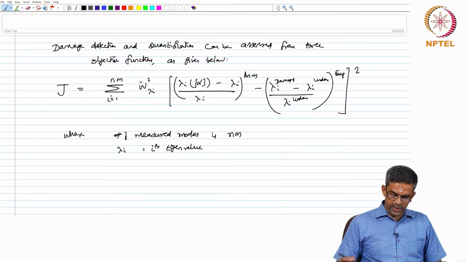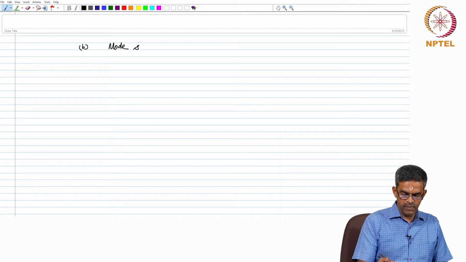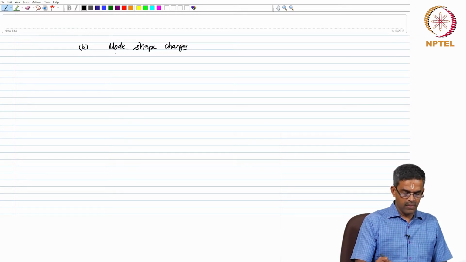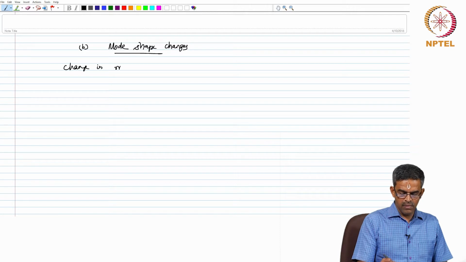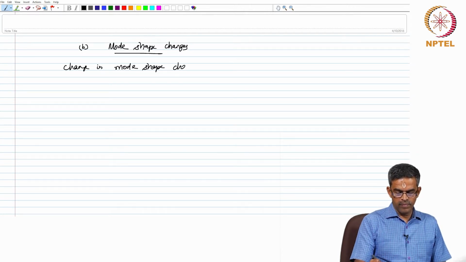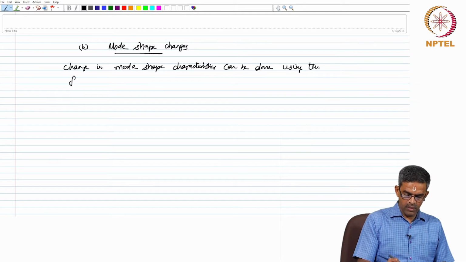When I want to trace the mode shape changes, this can be done using the following relationship.